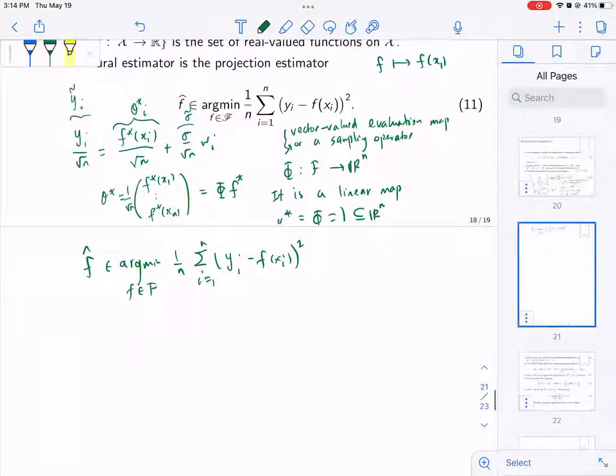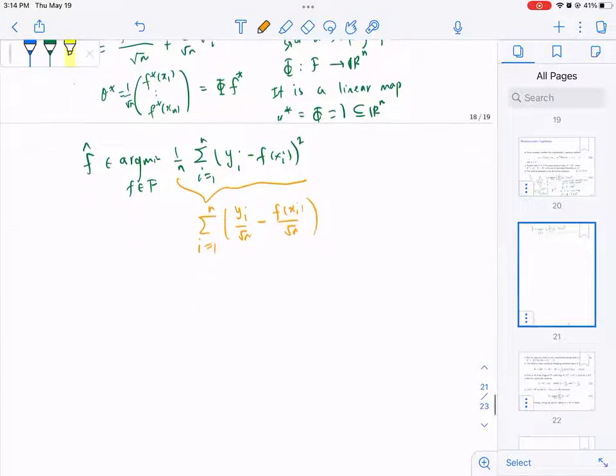I'm going to move 1 over n inside. I get summation i from 1 to n, (yi divided by root n minus f xi divided by root n) squared.